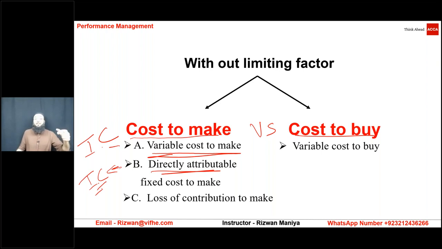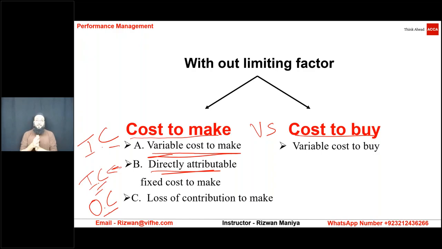What are you sacrificing? What are you foregoing? So you're foregoing or sacrificing the use of that machinery for some other work. And that is known as, come on guys, that is known as opportunity cost. Exactly, opportunity cost. So yeah, any loss of contribution, any sacrifice that you are doing because you are making in-house is also a relevant cost, and that is your opportunity cost. Awesome response from the audience.